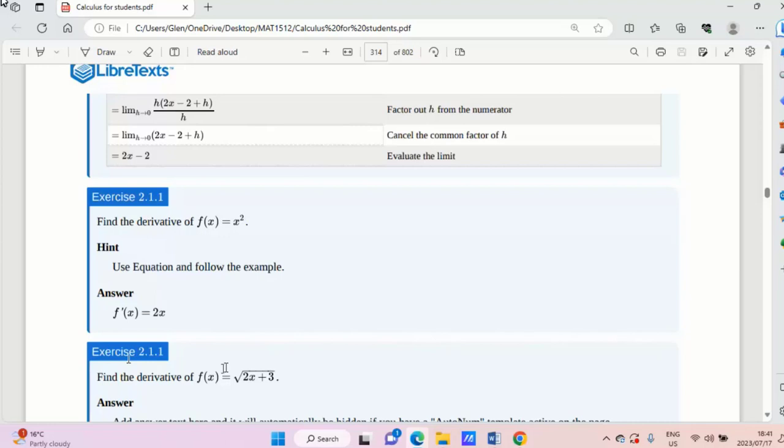Now, Alvin has got 1 all over the square root of 2x plus 3 plus the square root of 3.